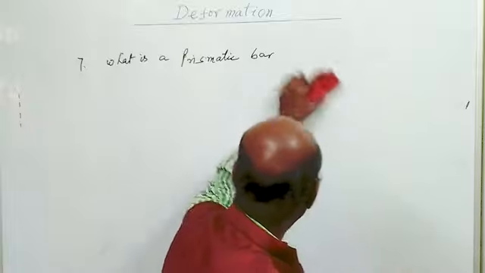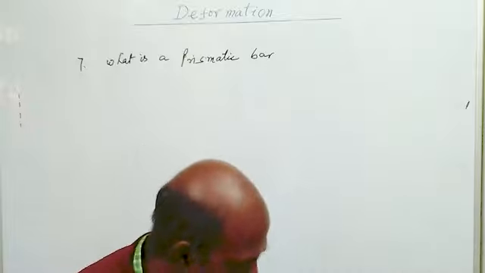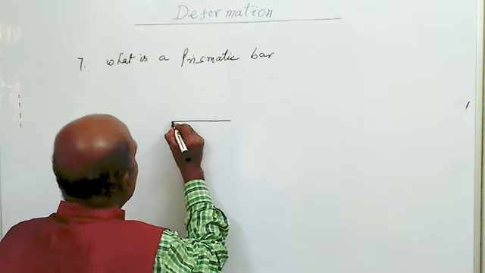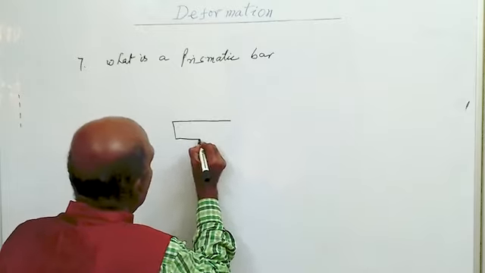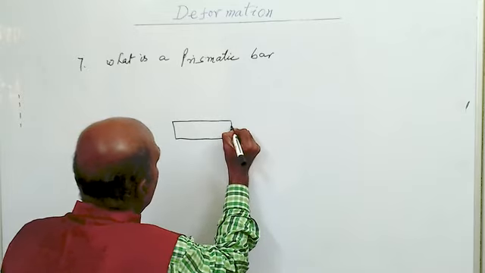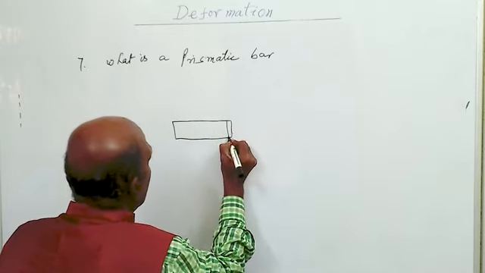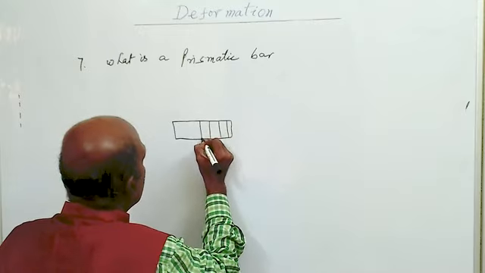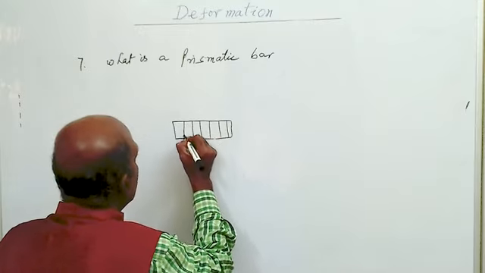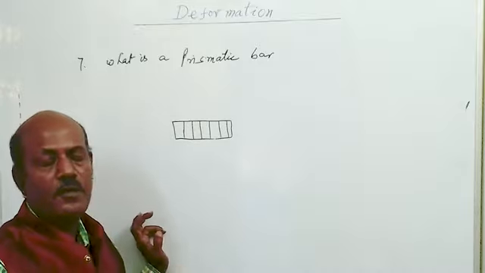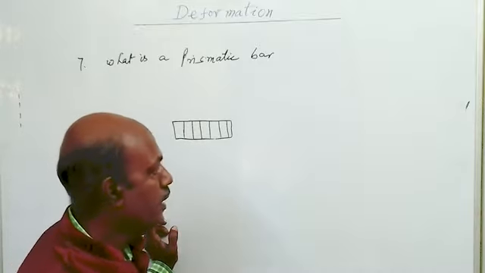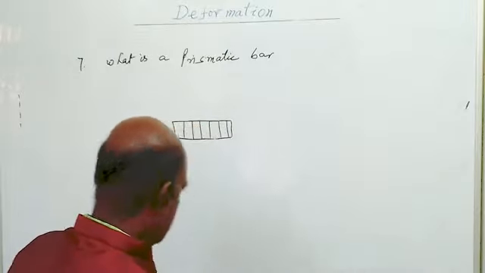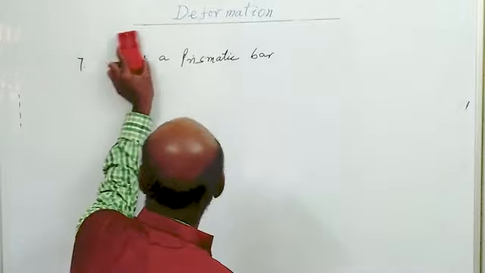If we see a bar, and the bar has equal cross section at every point, then the bar is called a prismatic bar.